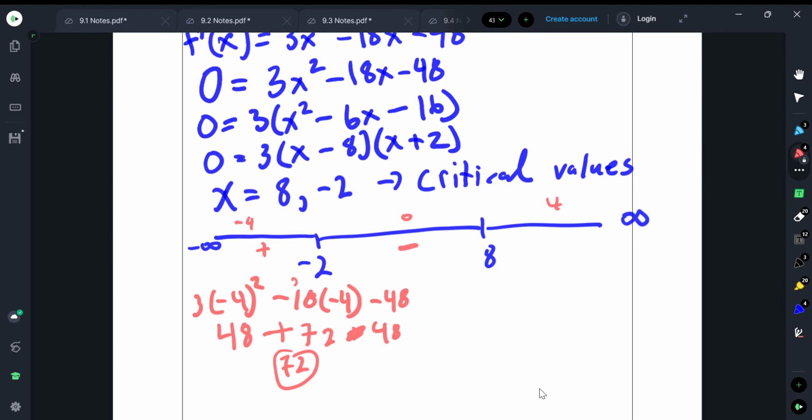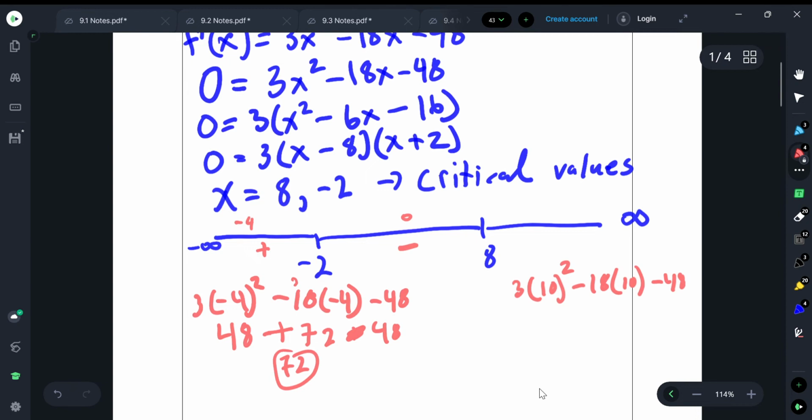Let's just put it in. Oh, not positive 4, excuse me. I have to pick a number that's larger than 8. So I'm just going to use a nice round number like 10, because we like 10s.